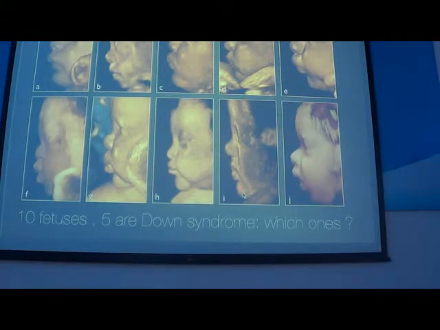And this one is a Down syndrome. So in conclusion, it's a help, the study of the face, but you need other markers. If only with the face, it's really difficult to do a diagnostic.